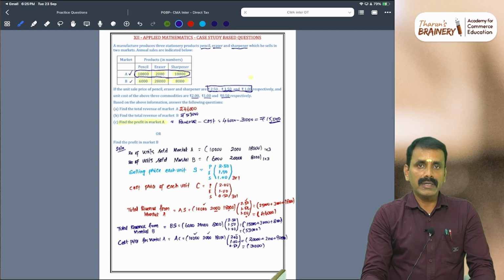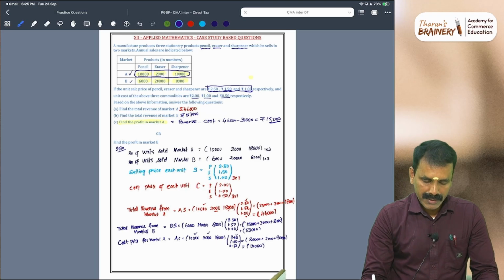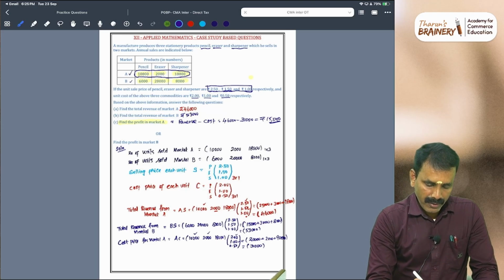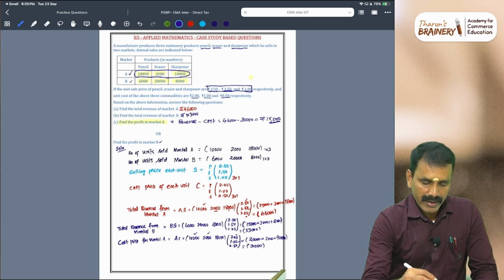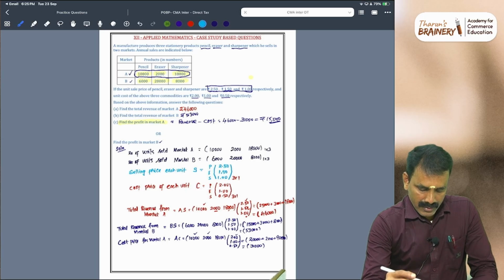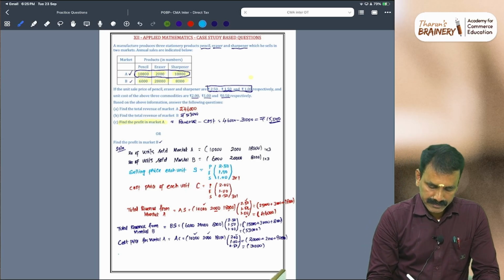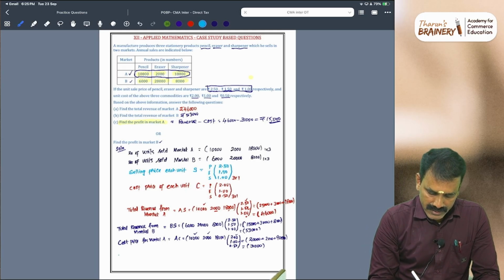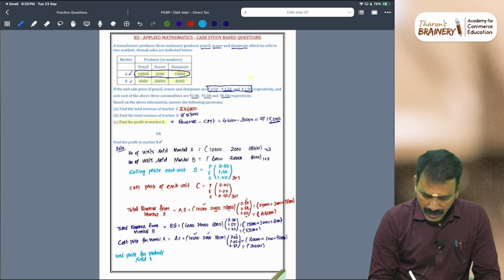Now let us start calculating the profit from market B. So to find the profit from market B, we have to find the cost price for the products sold in market B. So I am going to calculate. Again same process.